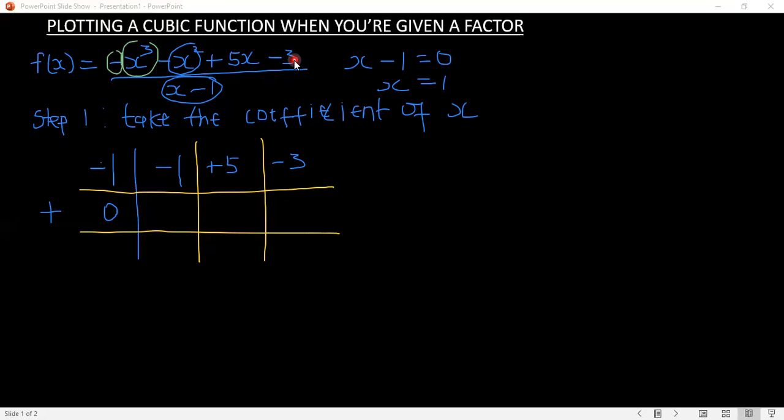Also, the examiner doesn't necessarily ask you to use long division or any of these methods. The question will say solve for x or find the points of intersection. You will never come across a question saying use long division in your examination.